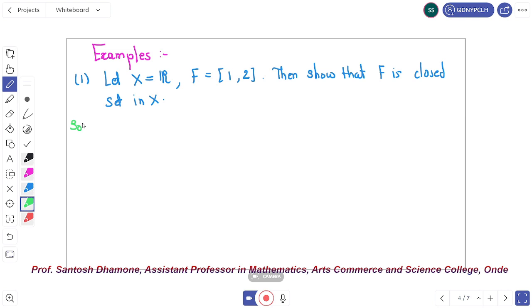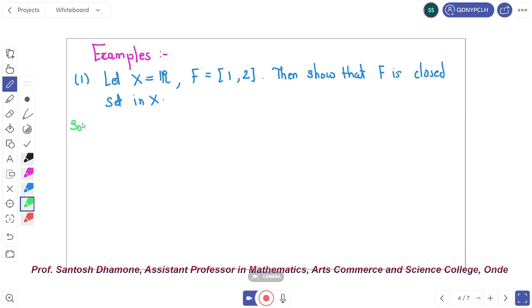Minus infinity to plus infinity. This is X equal to R, the set of reals.